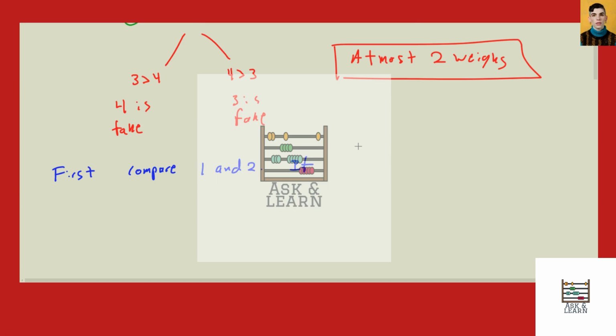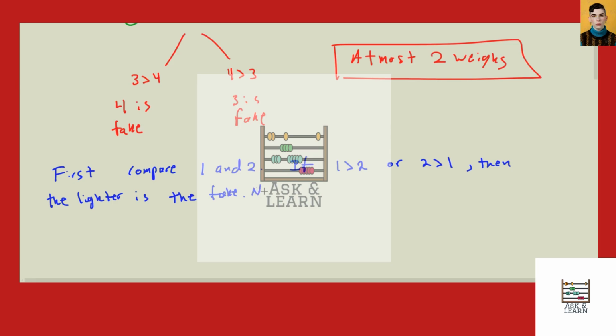If 1 is greater than 2 or 2 is greater than 1, then the lighter one is the fake.